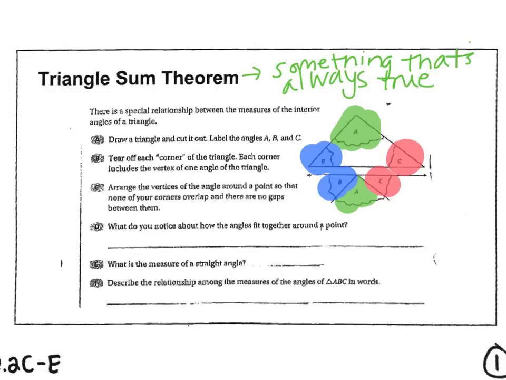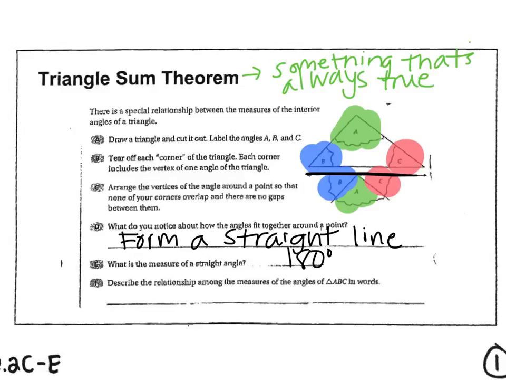So you can see that together they form a straight line, which we know measures 180 degrees, so we know that the angles in a triangle must add up to 180 degrees.